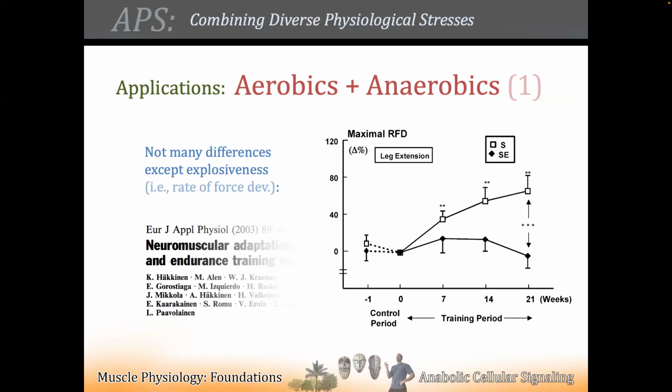And the maximal rate of force development, RFD, on the graph shows the strength only group to have improved much more over the 21 week study period. Although other muscular differences weren't really observed in these beginners and novices, this is hardly evidence that aerobic training doesn't impair resistance improvements.